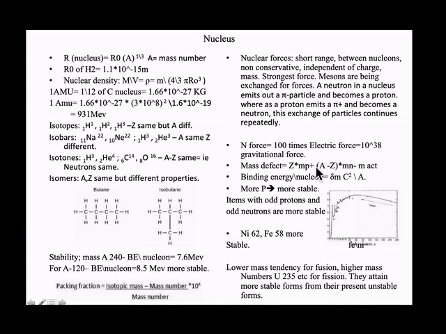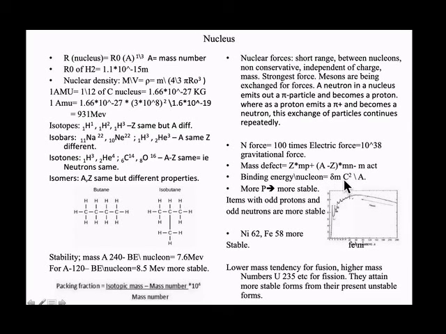Z number of protons, Z number of electrons, plus this many neutrons. This should be its theoretical mass, but the actual mass M will be less. The difference is called mass defect. This mass defect is converted to mc square, and that energy is holding the nucleus.